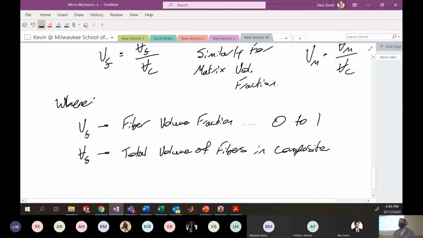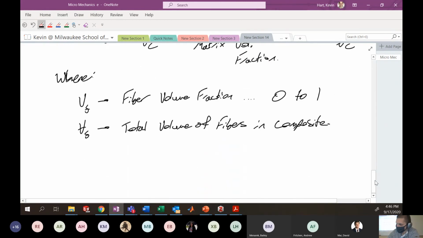Right? And that's going to be some volumetric number in, let's say, meters cubed or something along those lines. You can similarly have Vm, which is volume fraction of matrix phase.